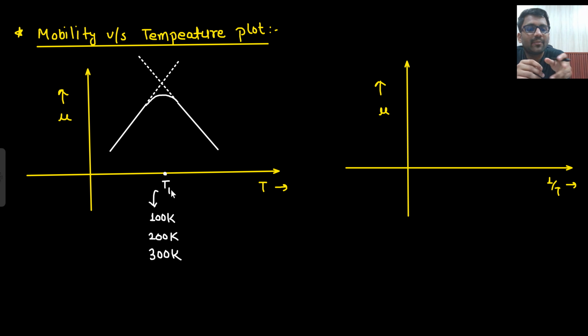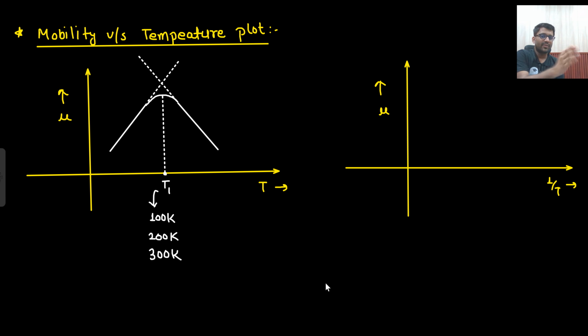So with the increase in temperature, mobility will decrease only if you are at room temperature or if the temperature is not given. By default, if you need to take one temperature, that would be room temperature. If you are already at room temperature, and someone asks what will happen to mobility if you increase the temperature, then it will decrease only.